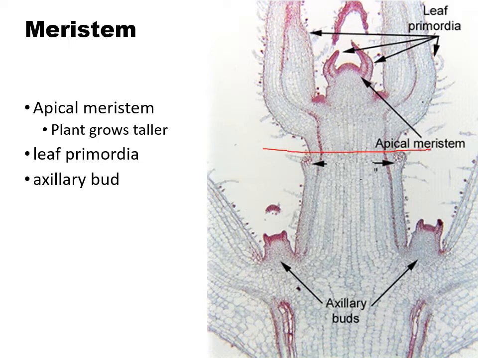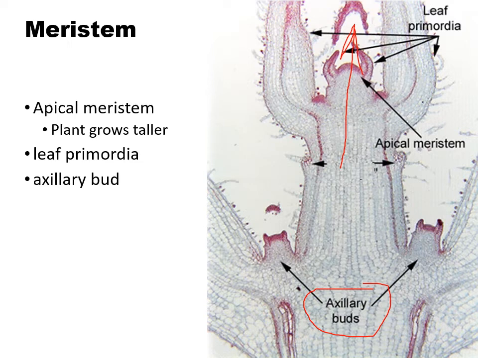So by pruning ends off, we get more lateral growth. But until you prune that off, the apical dominance shuts down the axillary buds, these guys. They may lay dormant. Once this becomes far enough away, it's grown long enough, they may eventually grow, but often they are suppressed.